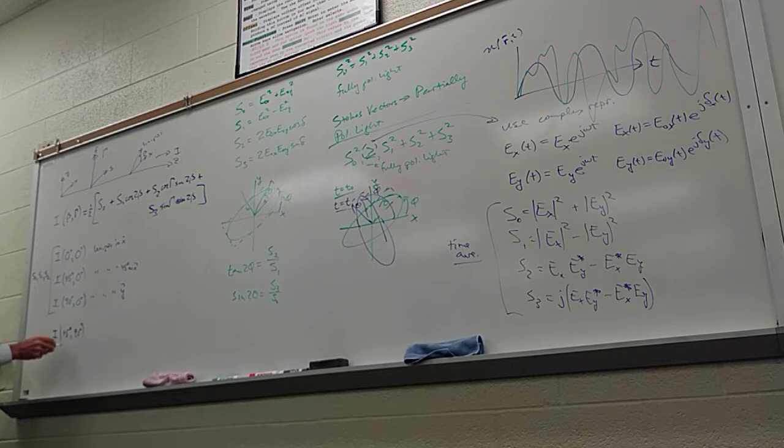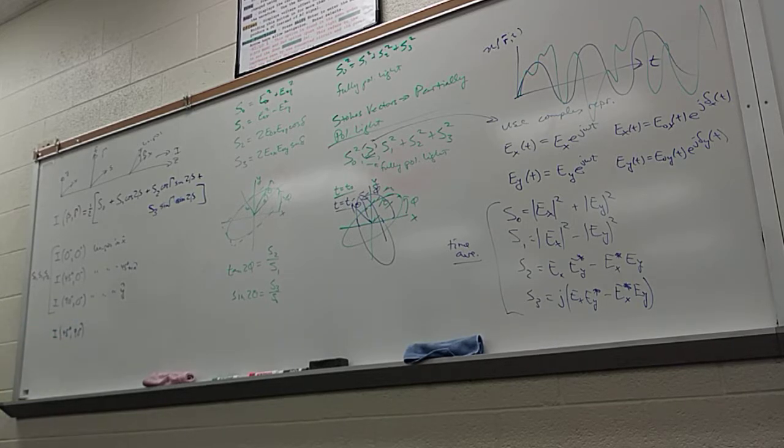So what is that? What's the measurement made with? The 45 degrees means a linear polarizer at 45 degrees. The 90 degree means a quarter wave plate. So if I have this and those, then I can get S0, S1, S2, and S3.